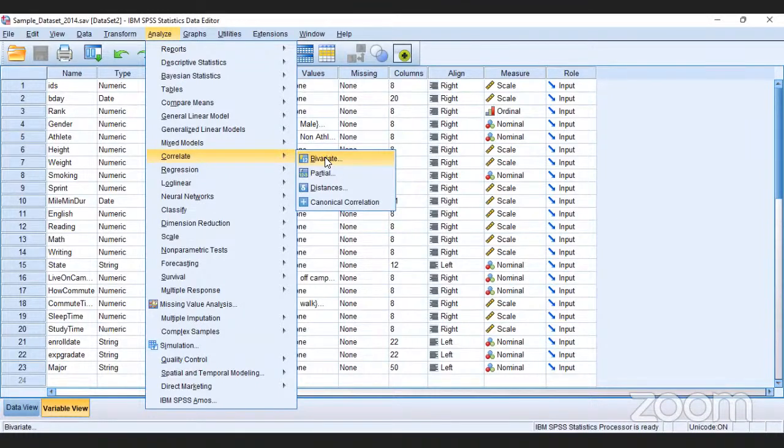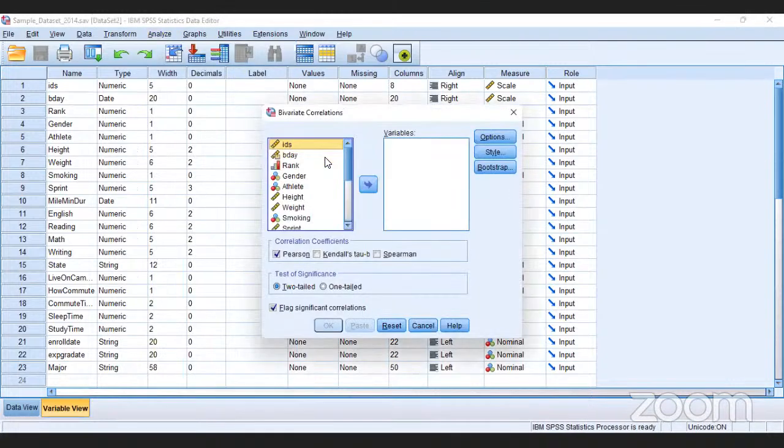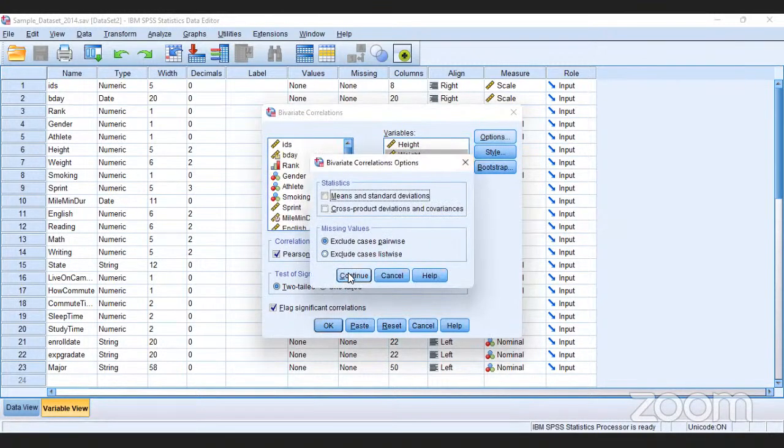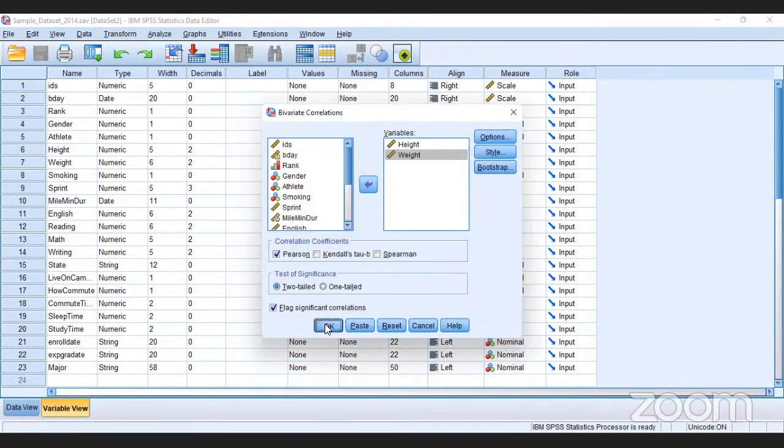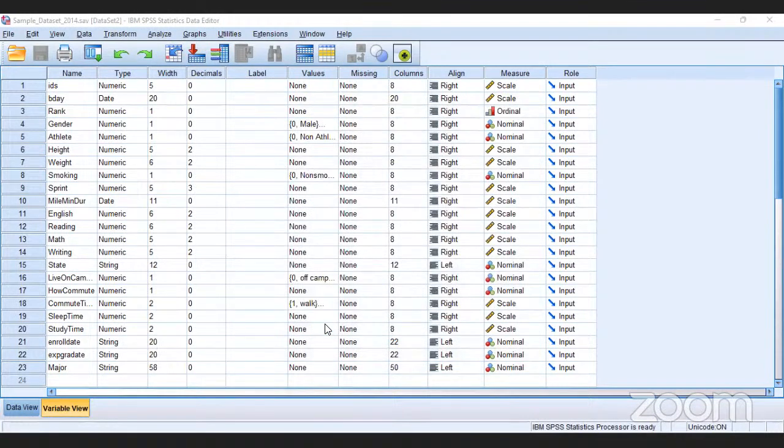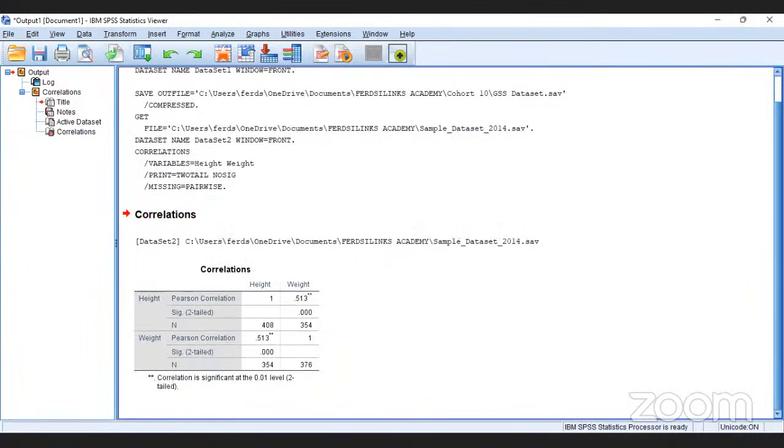So we take Bivariate. We have the Kendall's tau and the Spearman. So let's assume that the data is normally distributed, comes from a known distribution. We transfer the two variables into our variable list, and we take okay. So from there, we have our output. This is our output.